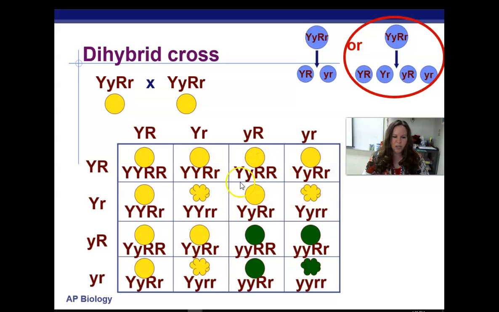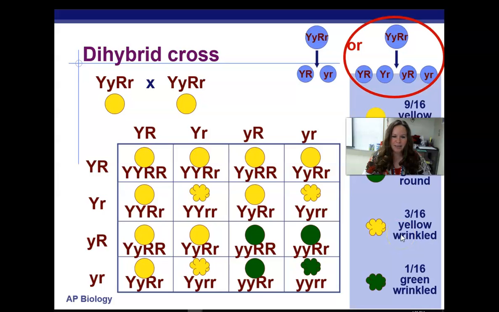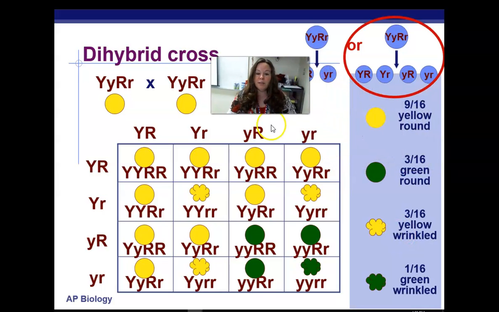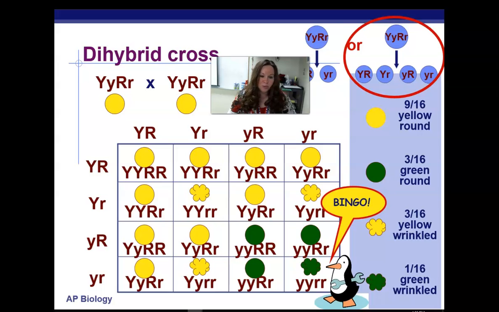Then there's 3 of the yellow wrinkled, 3 of the green round, and 1 of the green wrinkled. There it is. That's our 9 to 3 to 3 to 1 phenotypic ratio. That must be how inheritance works with those pea plants, at least those traits that Mendel chose to follow with 2 of them at one time.